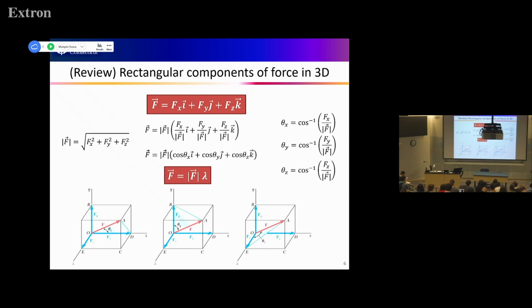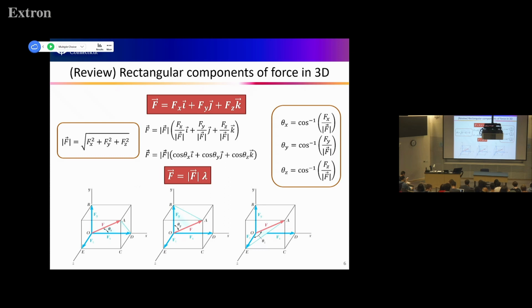A unit vector has a length of 1 and indicates the direction, X, Y, Z. Then we talked about how we express the force vector with the magnitude and the directional vector.